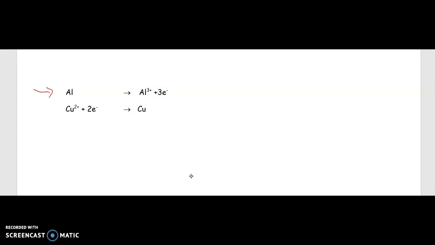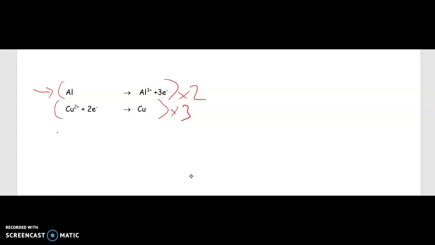So in this case the lowest common multiple, maths again, if we multiply this one by 2 and this one by 3, we will have 6 electrons being lost by the top equation and 6 electrons being gained by the bottom equation.